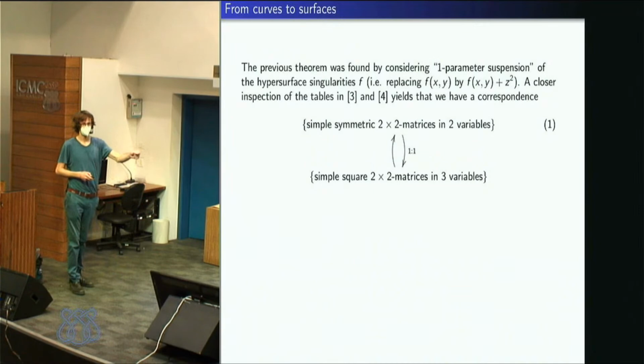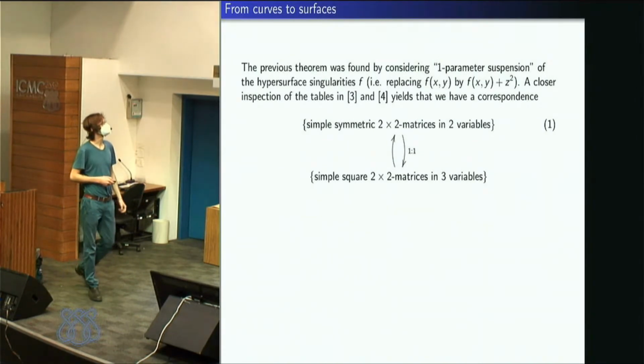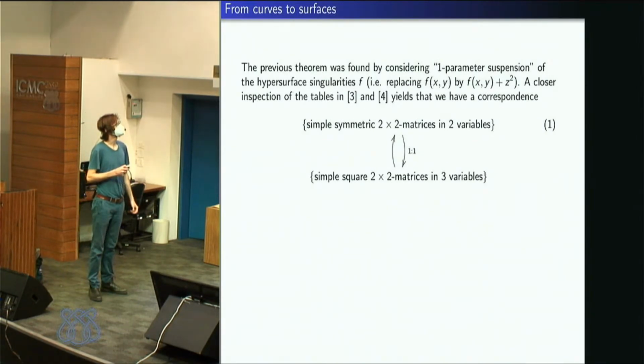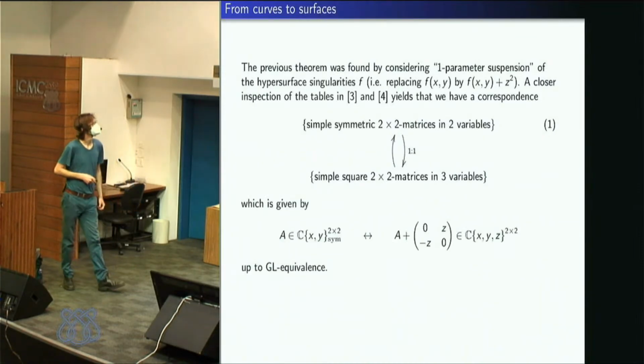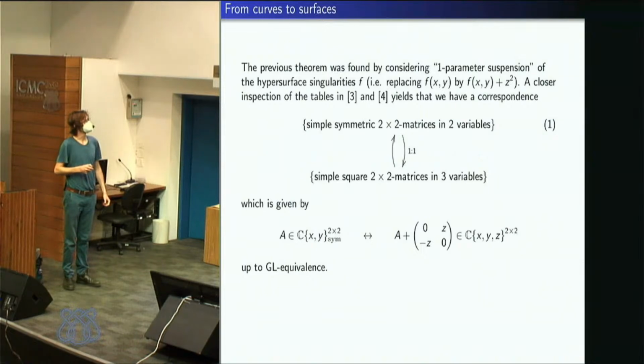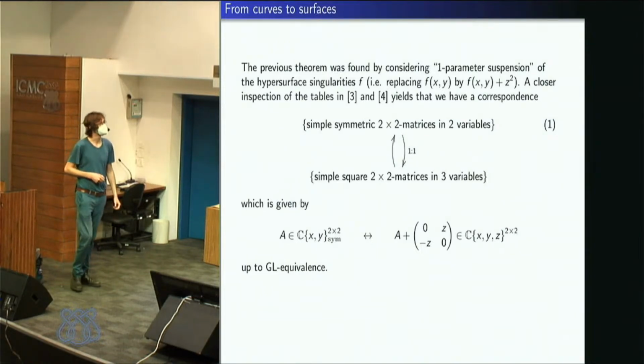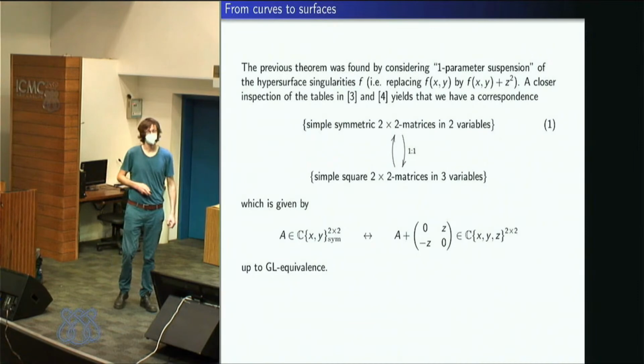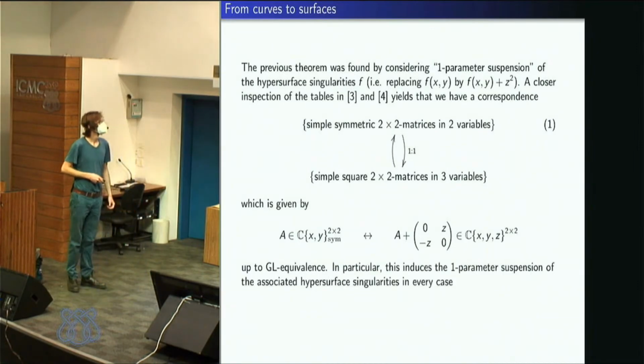You can establish a one-to-one correspondence of simple symmetric curve singularities and simple square surface singularities, where you take a symmetric matrix and you add this symmetry breaking part in a new variable.